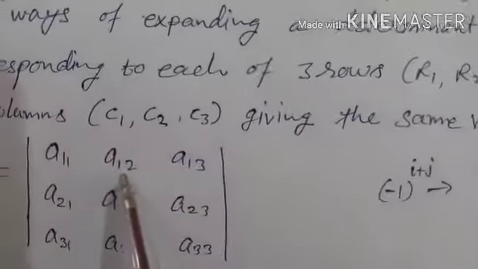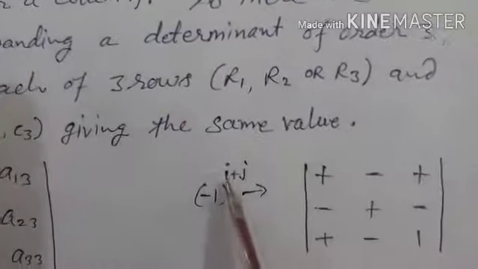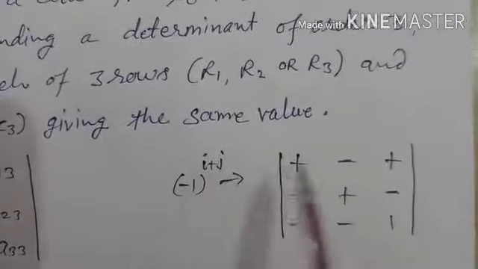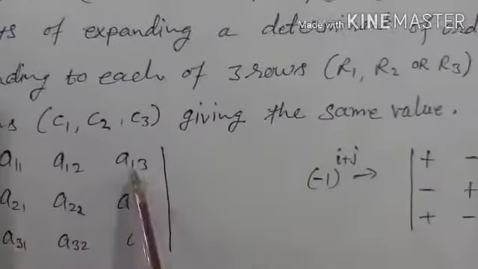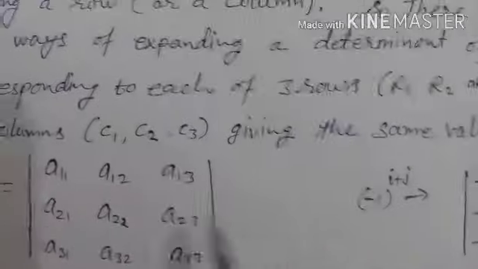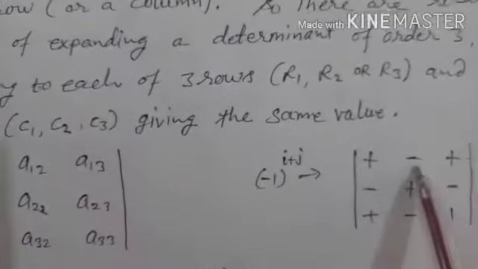Now the second element a12: 1 plus 2 is 3. Minus 1 whole raised to the power 3 means negative. So if the sum of these two suffixes is an even number, then it will be positive, and if the sum is an odd number, then it will be negative.